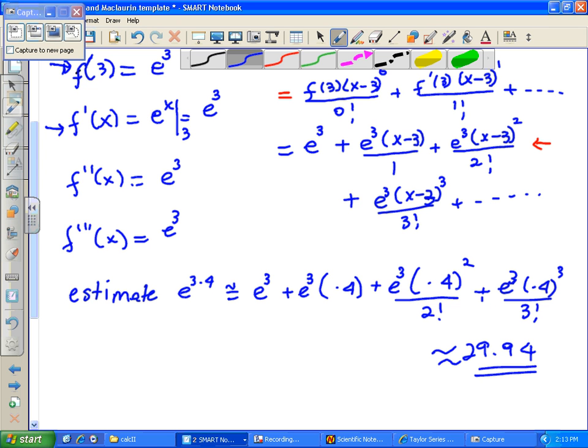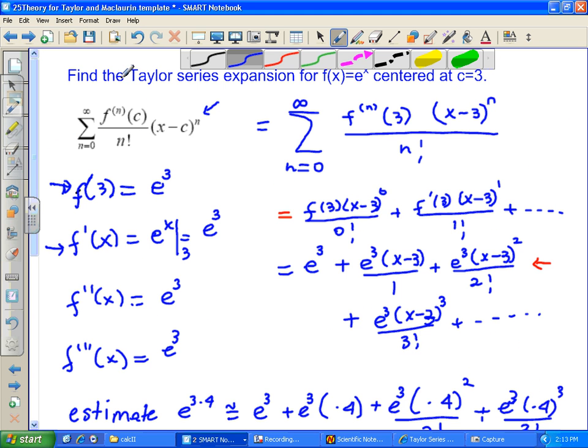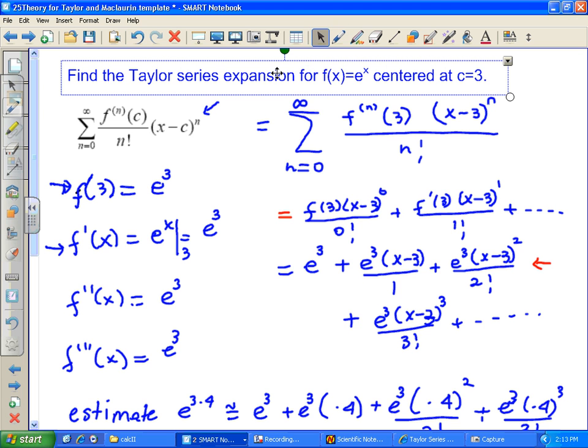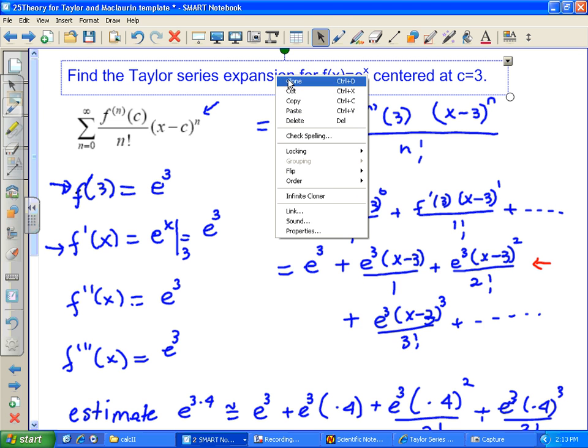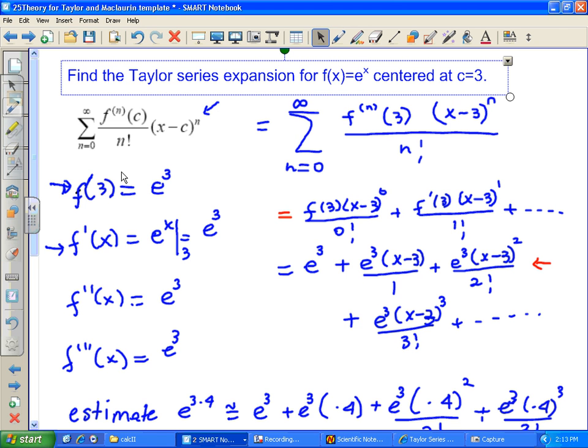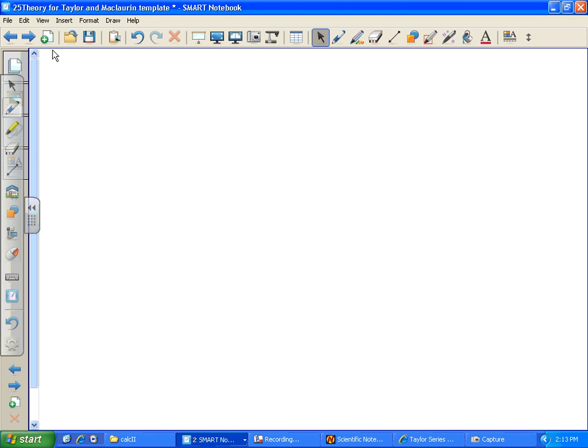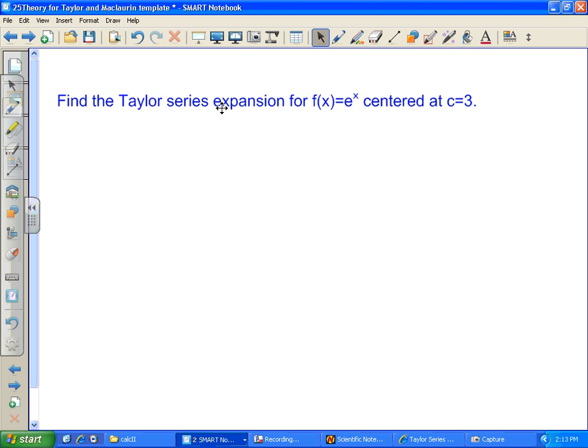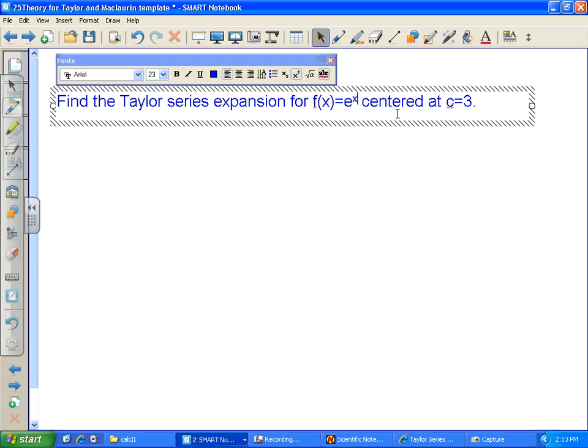Use the first 4 terms. So basically, it's going to be a very similar question to this one that we have here. But instead of e to the x, use sine x, centered at pi over 6. So f of x will be sine x, centered at pi over 6.